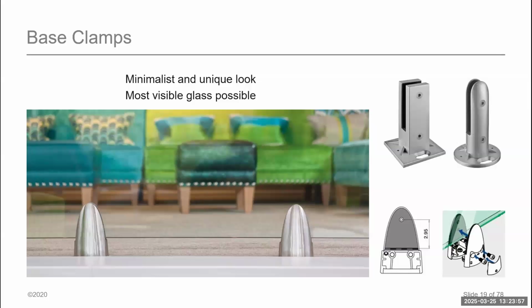So the next type of system that we'll see in the market for glass balustrades is base clamps. Similarly to base shoes, it is a cantilevered glass system. However, a base shoe is a continuously supported cantilevered glass system, whereas a base clamp is a point-loaded cantilevered glass guardrail system.